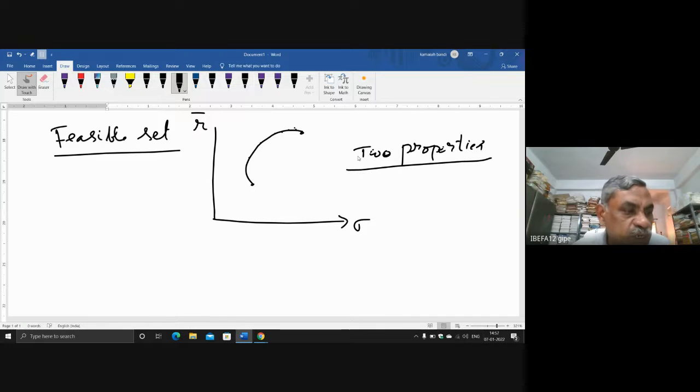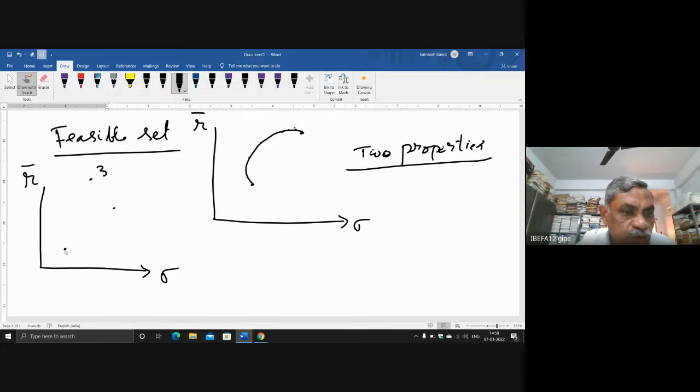The first property, let us take a third asset. The first property is that when there are at least three assets, I think I can explain by considering a third asset. This is asset 1, asset 2, and asset 3.